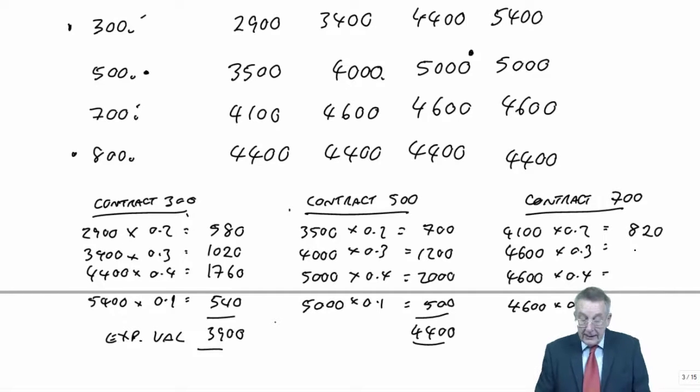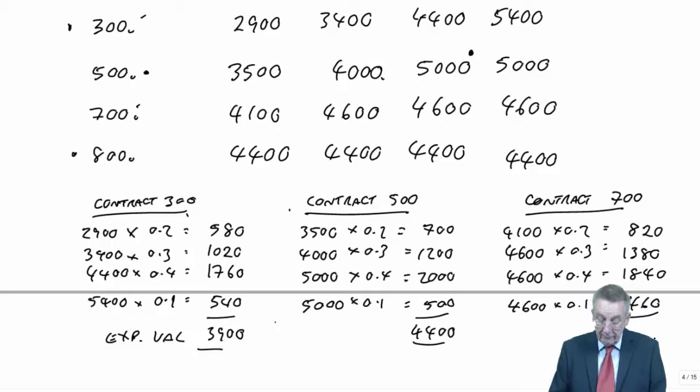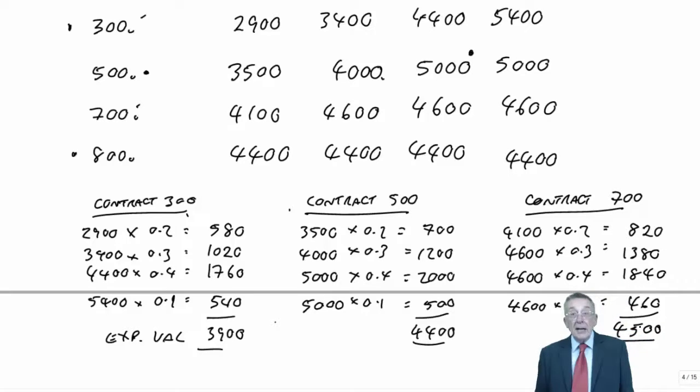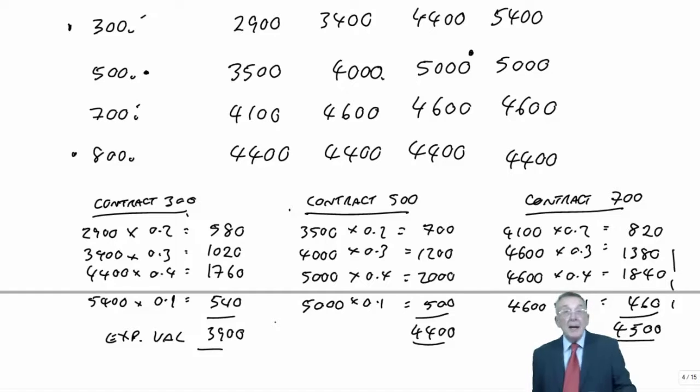That gives 820, 1,380, 1,840, and the total is 4,500. In fact, you may have realised, I hope you did, I could have saved a few seconds there. Instead of multiplying 4,600 by 0.3 and then by 0.4 and then by 0.1, I could have done those last three in total by multiplying 4,600 by the total of them, 0.8.